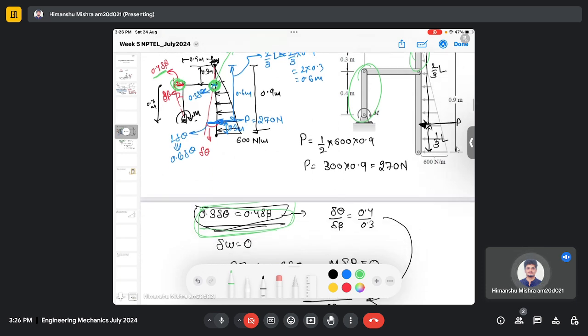So it is very important to define the virtual displacement properly, and also any relation between the virtual displacements that we have defined, because it will simplify the problem and help you calculate the magnitude of the virtual displacement. Only once you get the virtual displacement can you actually solve for the unknown quantities.